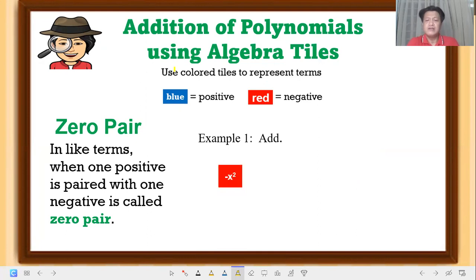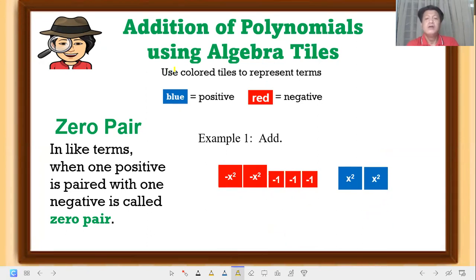Okay, so let's have example. If we are going to add this algebra tiles, okay, so kung mapapansin natin, di ba red? What is red? That is negative. And also, i-add natin yung blue tiles. This is positive. So if we are going to observe, pag in-add ko to, ano kaya ang magiging sum ng given polynomial natin?